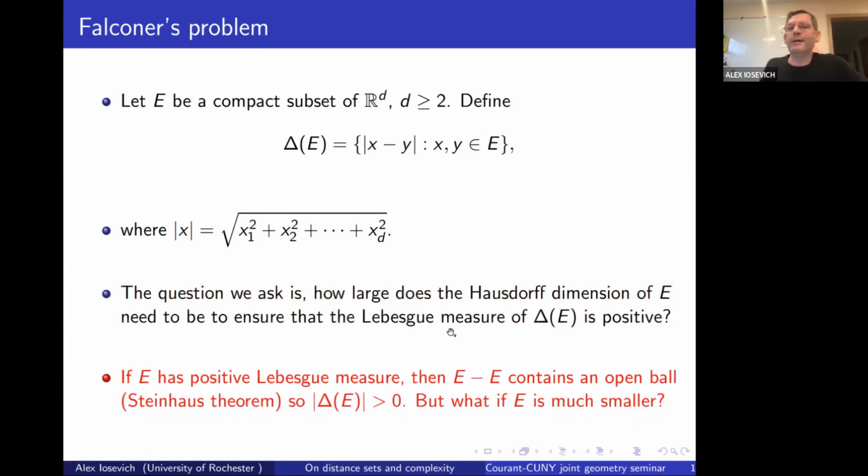Okay, and this might remind you of a question that keeps popping up on preliminary exams because nobody wants to spend too much time writing them, namely that if E has positive Lebesgue measure, then E minus E contains an open ball. This is the Steinhaus problem. So the idea here is what happens if this set is much smaller? We don't insist that the difference set contain a ball, but we want the distance set to have positive Lebesgue measure. And this provides another connection between distance set theory and sort of hardcore analysis.